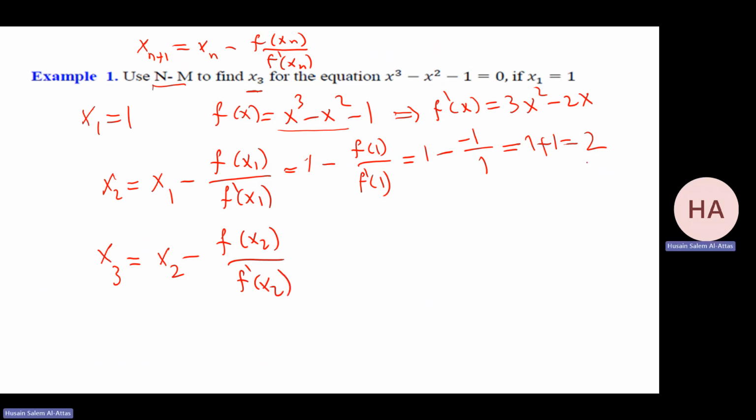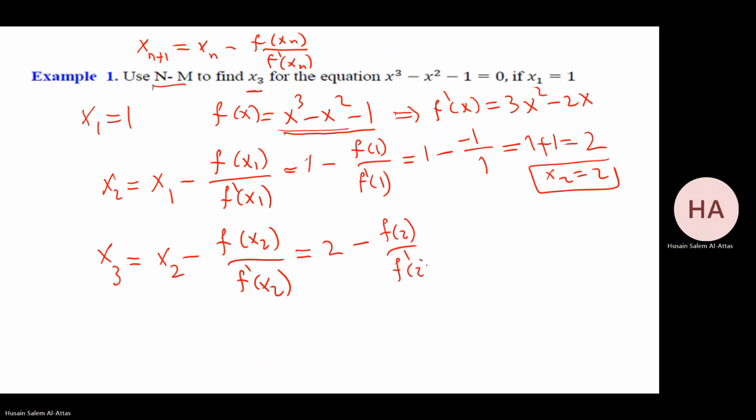So now we'll do the next iteration, x3, which is x2 minus f of x2 over f prime of x2. Now x2 equals 2, this is my starting point now. Plug it here. That will be 2 minus f of 2, which is 8 minus 4 minus 1, that will be 3, over f prime at 2.